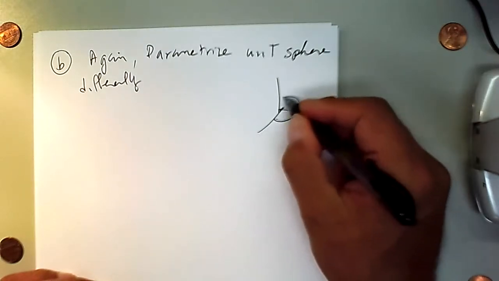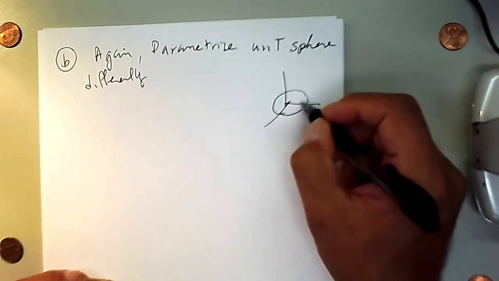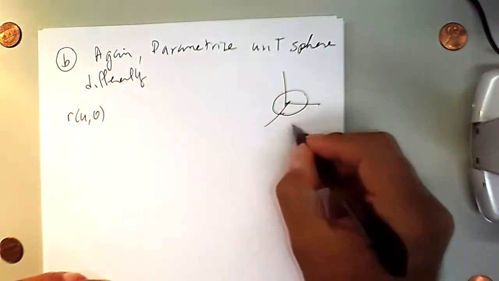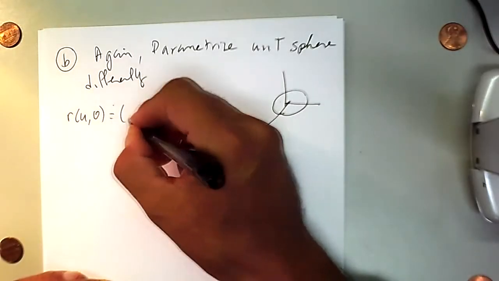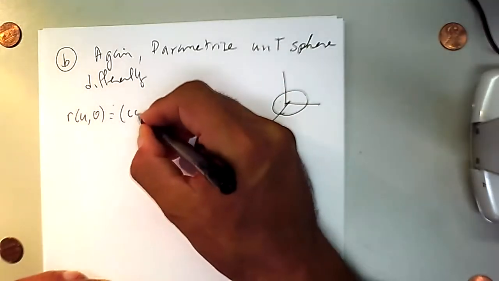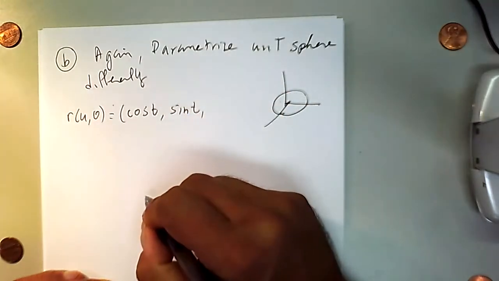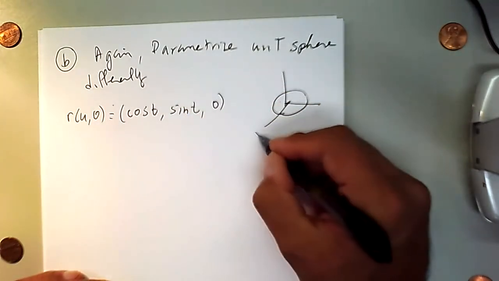We're going to take a whole circle, a unit circle, and that is going to be defined by u. So r of u, 0, just to draw this curve, is going to be, and you know how that works, cosine of t, sine of t, and then we have 0, because that's flat on the xy plane.